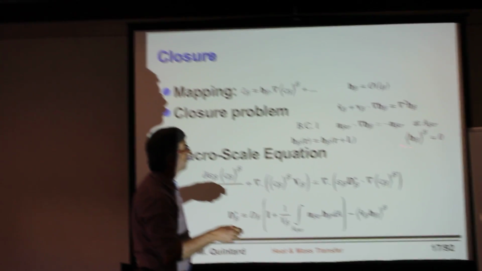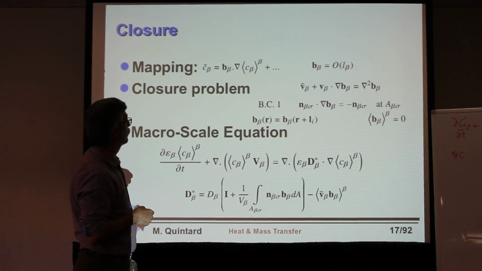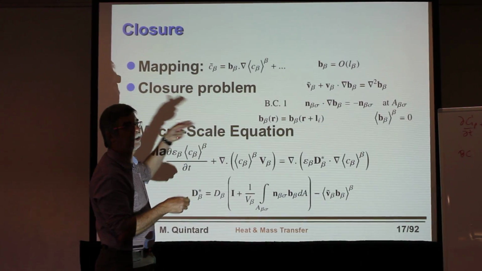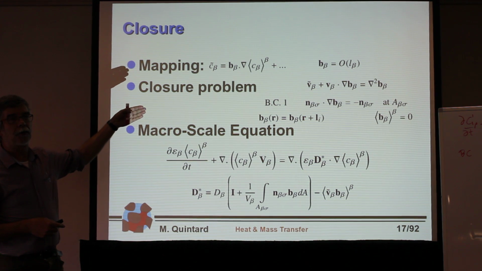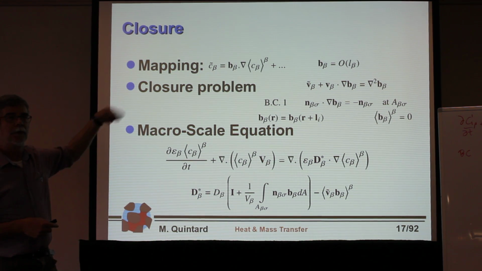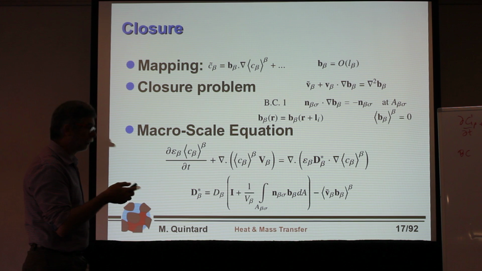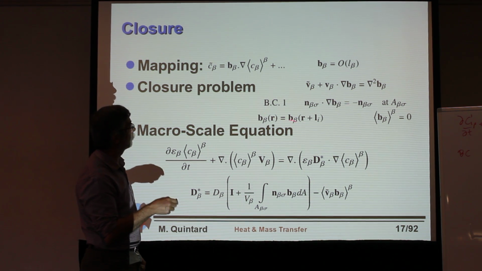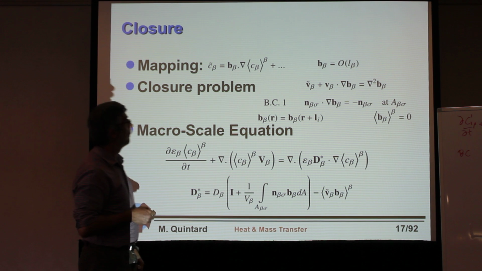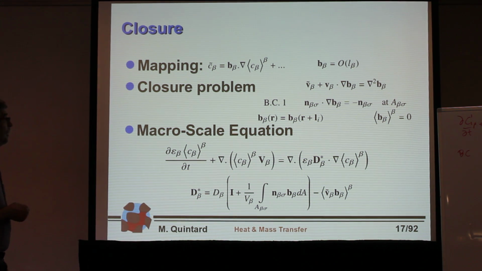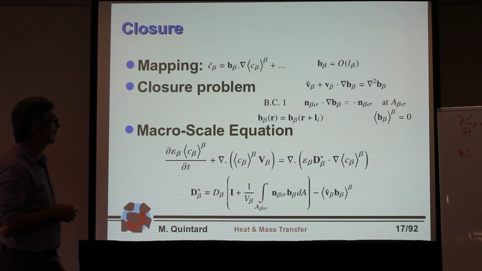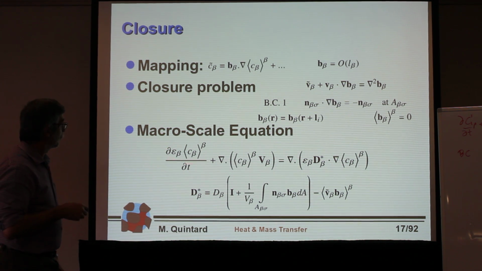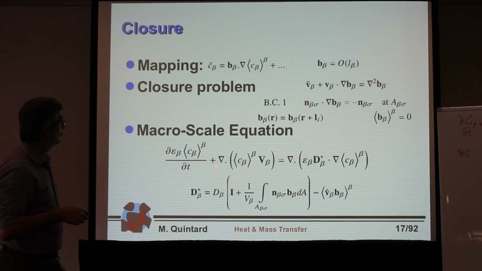Okay, this is the traditional standard condition, and plus I just put here a periodicity condition, and remember that of course it must be discussed depending on the kind of material you are interested in. So that's the closure, and if you solve that, then you will be able to transform your average equation into what is called a dispersion equation, in which I have this accumulation term we already discussed.